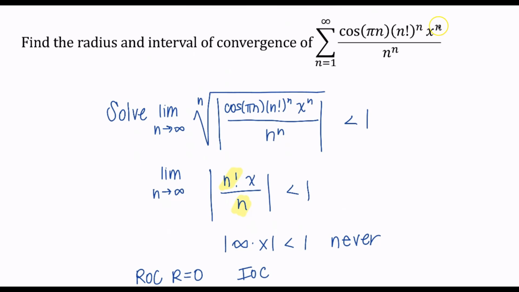We have x minus 0 to the n, so the center is 0. Every power series converges at its center. So the way we're going to write that is just 0 in these squiggly braces. This is a set of numbers, except it only includes one number, and that number is the center, which happens to be 0. So this is the bad case: the radius of convergence is 0 because the interval of convergence is the center only.